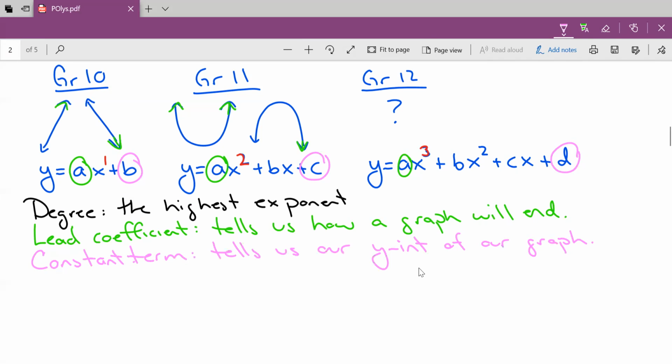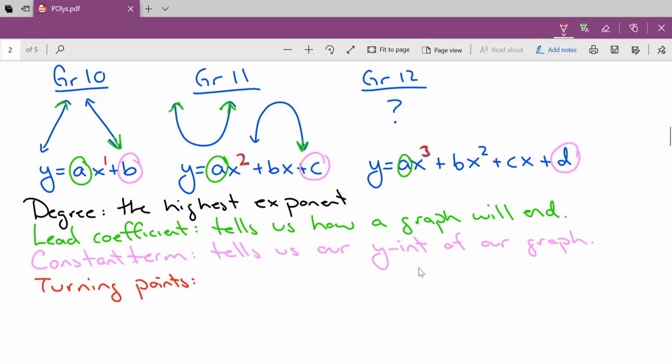Now, to see what our graphs are going to look like in grade 12, I want to talk about turning points. Let's look at our graphs from grade 10. How many times do our graphs from grade 10 turn? Well, they're linear. They're constant. They don't turn anywhere.